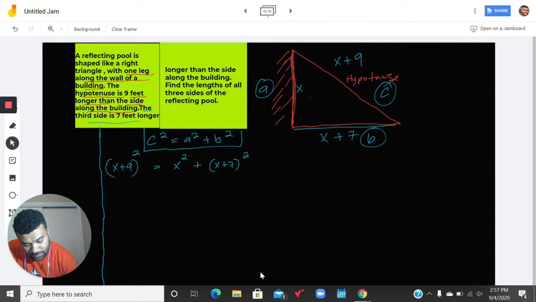And then I'll try to distribute or unfold this guy right here. So I will have x plus 9, and another x plus 9. And then on the right, I will have my x squared plus, and then I'll unfoil the x plus 7 into x plus 7, and then x plus 7.